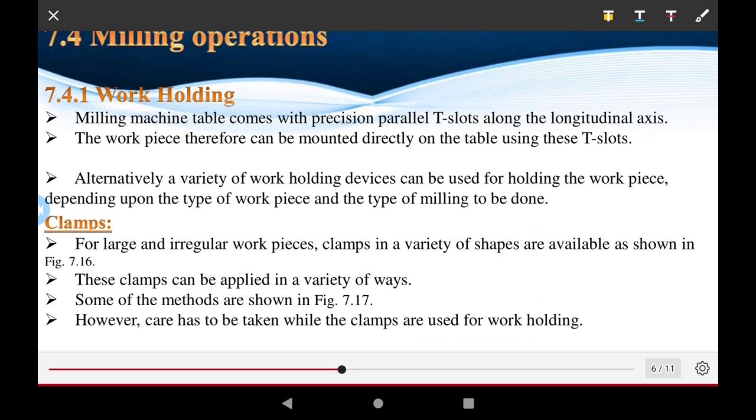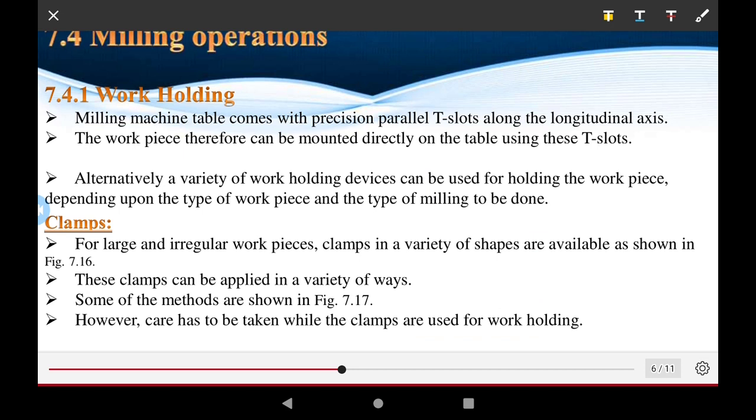These clamps can be applied in a variety of ways. Some of the methods are shown here, however, care has to be taken while the clamps are used for work holding.